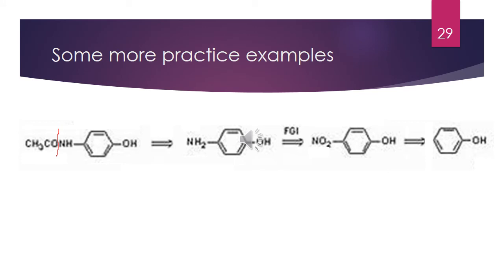This will be your assignment: you have to draw the synthetic scheme for that. I've just narrated how you will disconnect these bonds, but you have to carry out the disconnections in written form on your own, and also predict all other possible schemes which you can use to carry out this retrosynthetic approach.